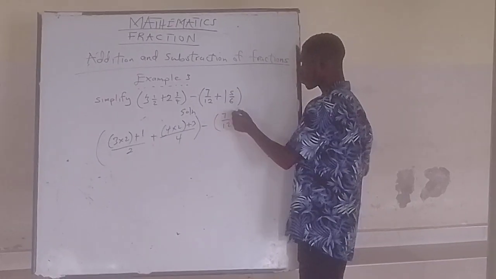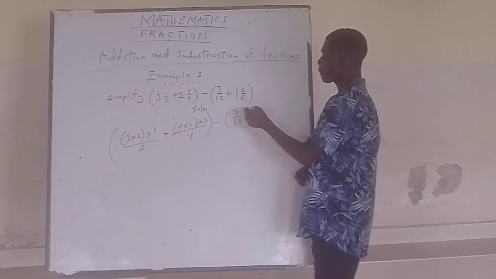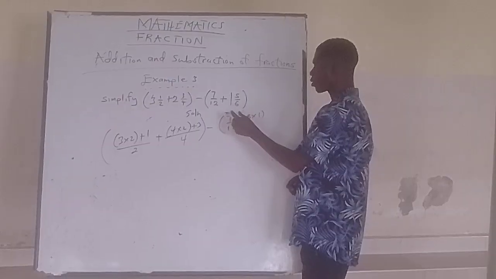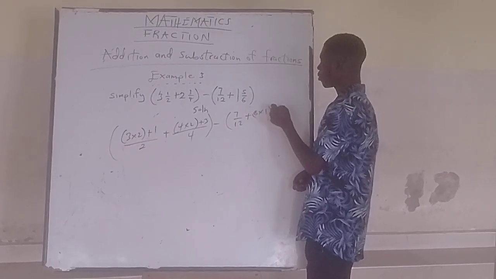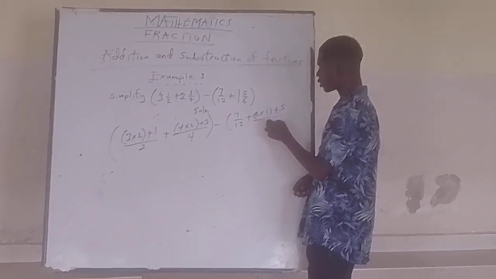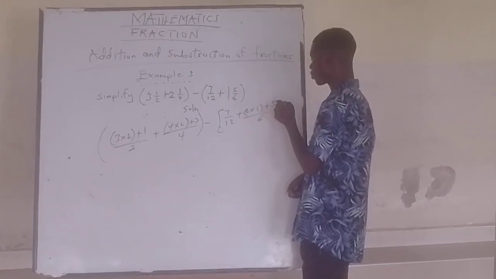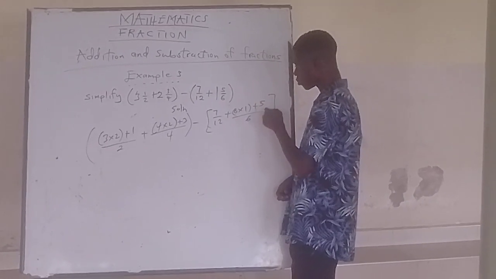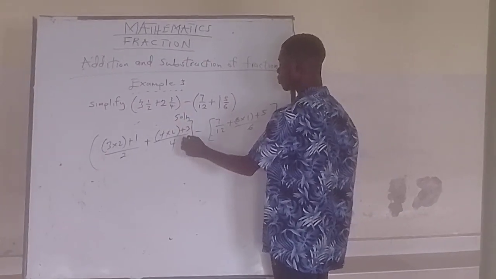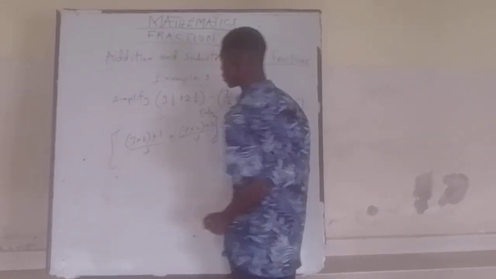Then this one too: 6 times 1 plus 5, all over 6.